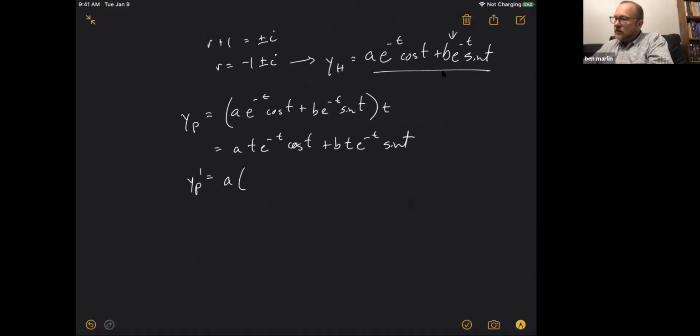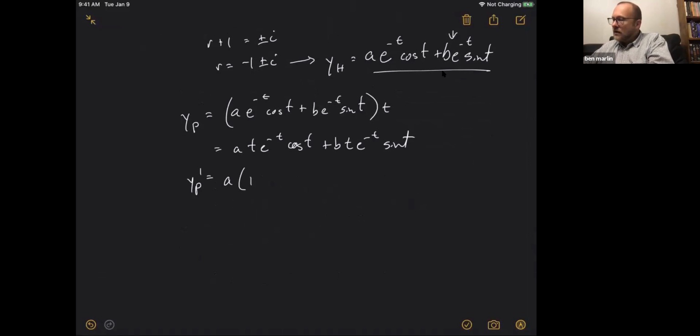And so when you take the derivative of that t e^(-t) cos t, you'll use a product rule, and you're just going to go through on each one of those things one at a time.